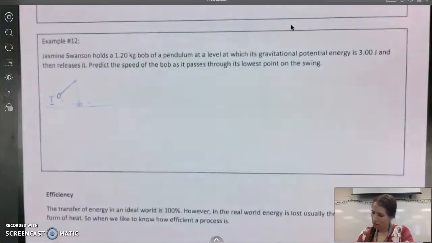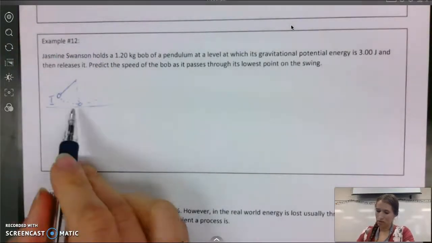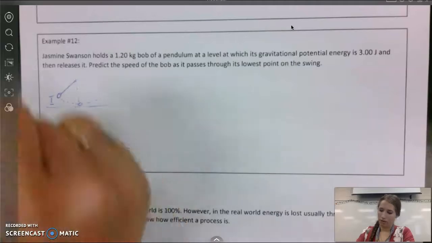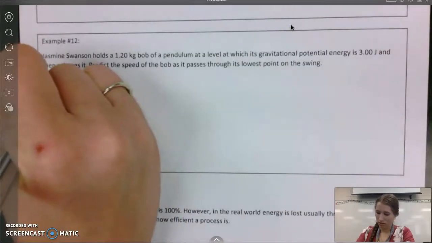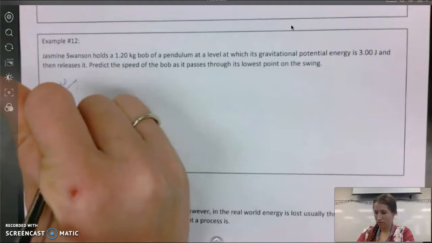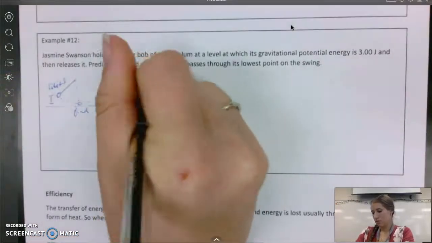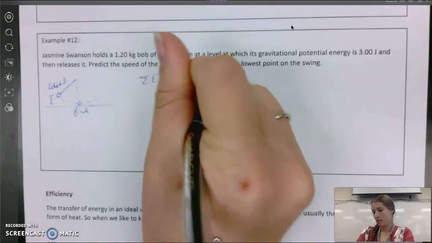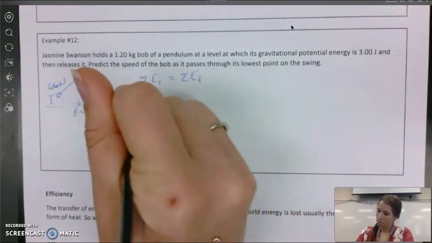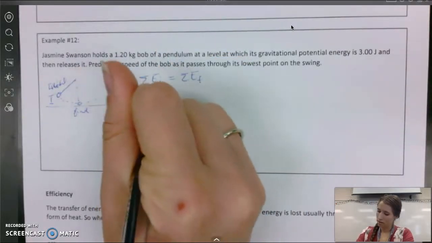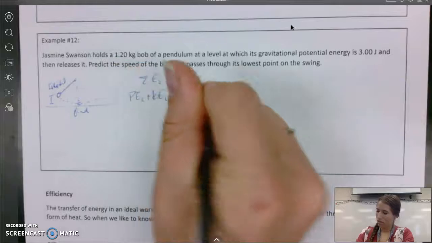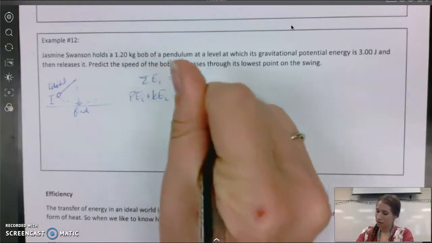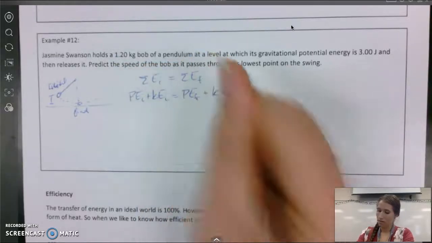Okay. Predict the speed of the bob as it passes through the lowest point. Okay, so here's my initial. Here's my final. So whatever energy we start with, we end with. Potential energy initial plus kinetic energy initial will equal potential energy final plus kinetic energy final.